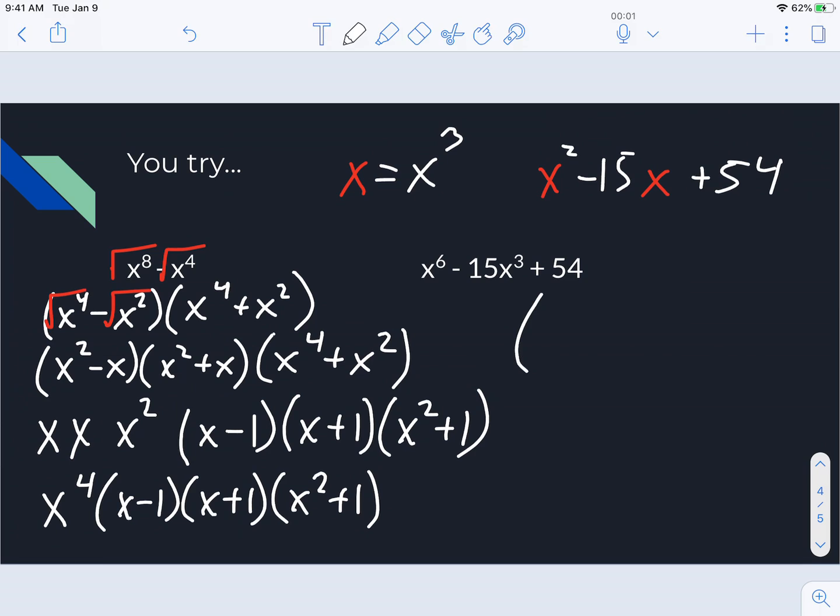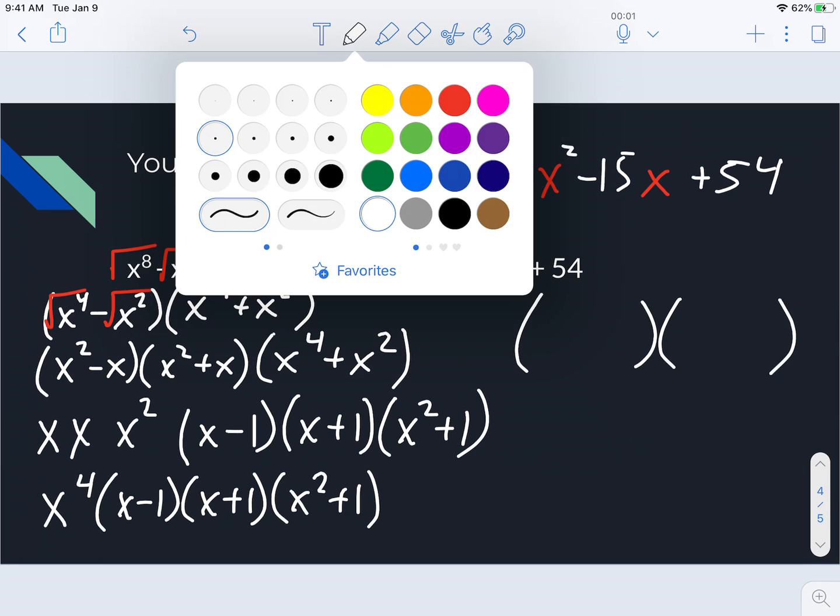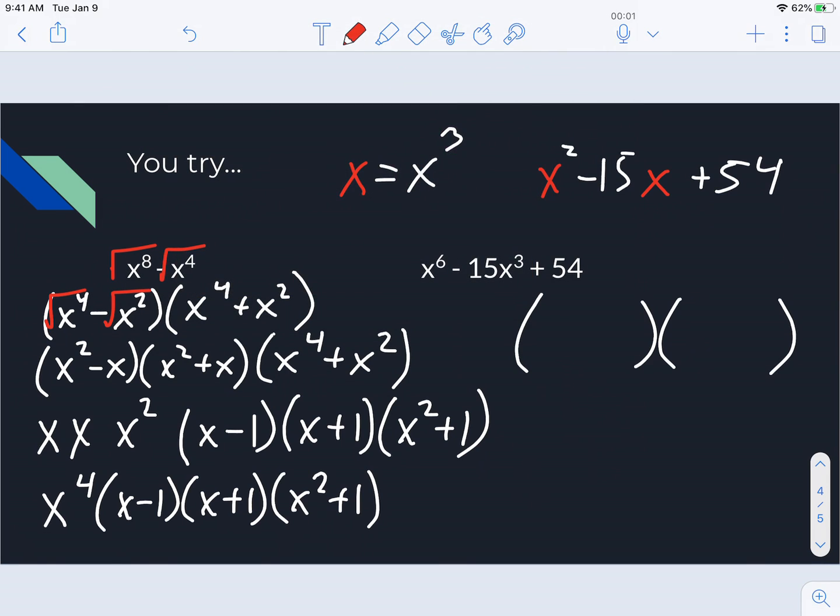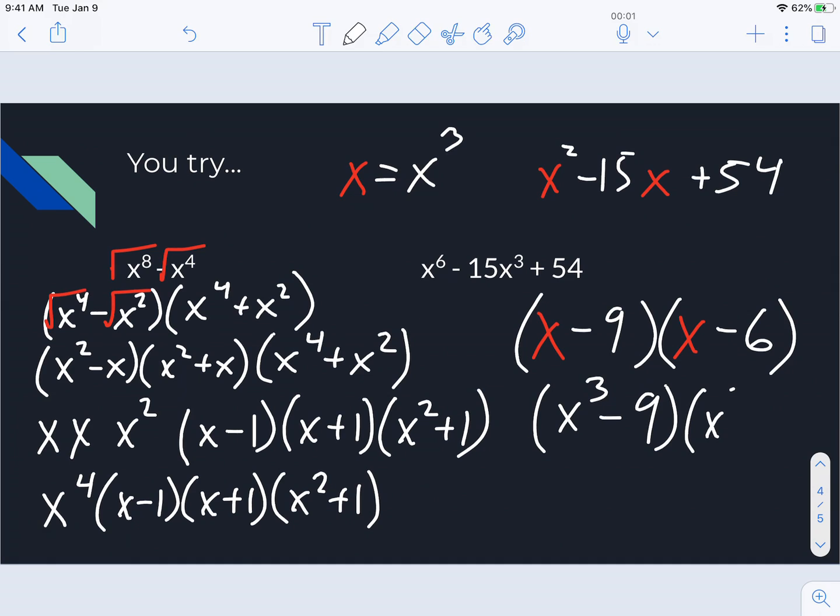Then two numbers that multiply to positive 54 but add to a negative 15 are going to be minus 9 and minus 6. And then we just have to replace those red x's with x cubes.